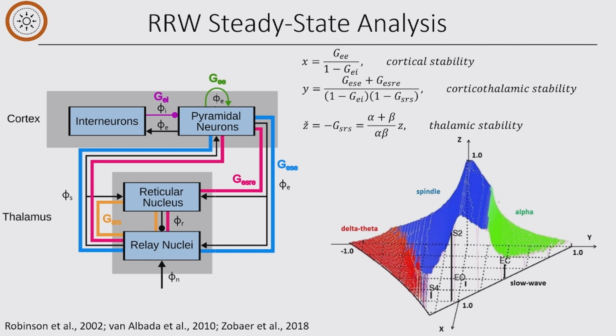You can view things. So there's a smart simplification of the Robinson model down to a three-dimensional reduced state space, where the dimensions correspond to the feedback loops within the cortex, the feedback loops within the thalamus, and the feedback loops between the cortex and the thalamus.